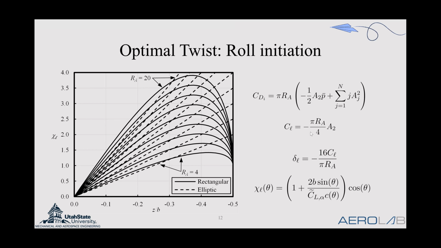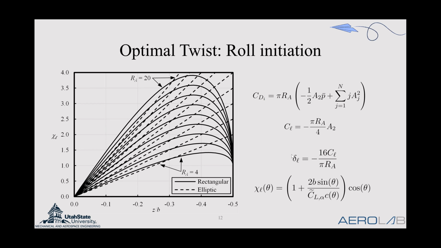And so, in order to achieve this, right here is the anti-symmetric twist distribution needed for any planform. We've broken up this anti-symmetric twist distribution into a normalized shape, a normalized distribution, which is dependent on the chord distribution of our aircraft and things like that.